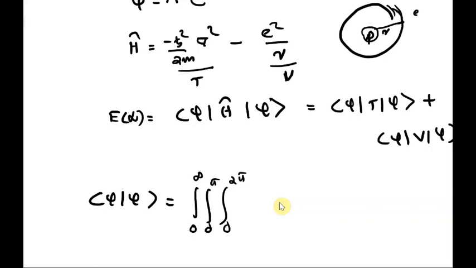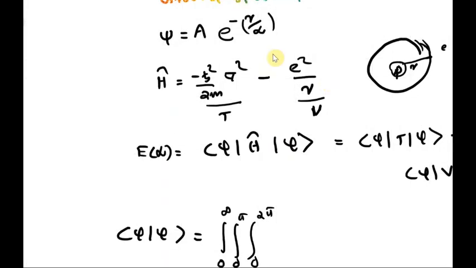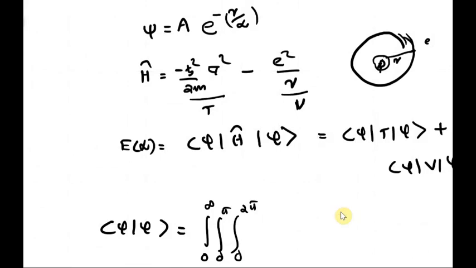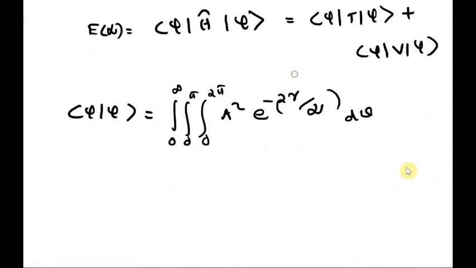You have a real wave function here, there is no complex part, so just take the square of it. So that is A square e raised to minus 2r by alpha into dV over the volume. The volume element is nothing but r square sine theta dr d theta d phi.